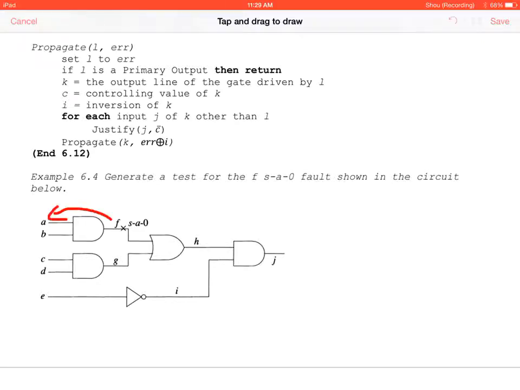So justifying, we're doing it backwards. Propagate, we're doing it this way. And then once we get here, we have to justify it backwards this way. And then once we get here, we have to justify it backwards this way.